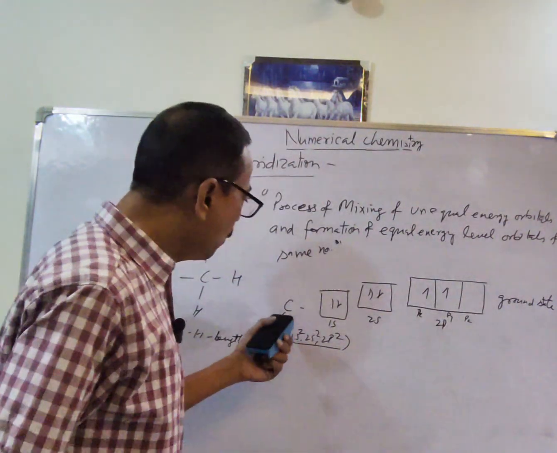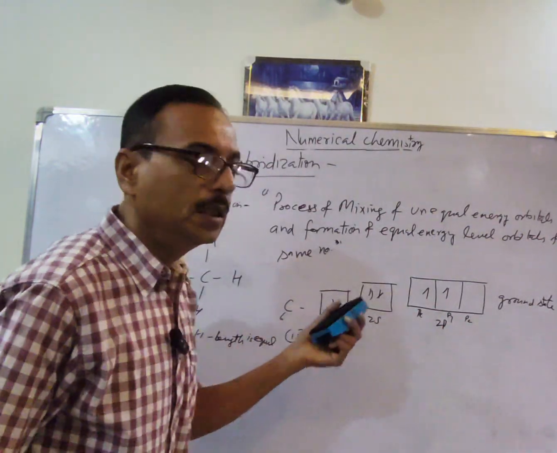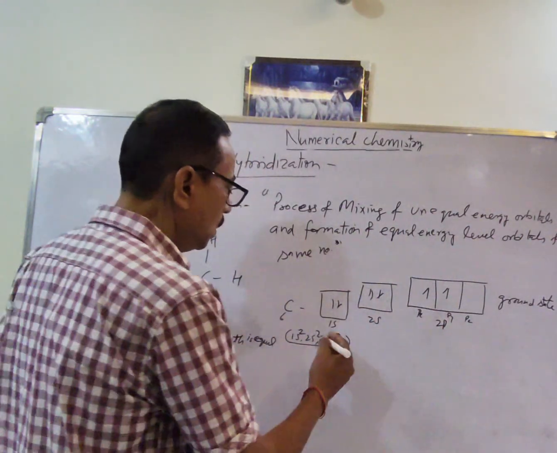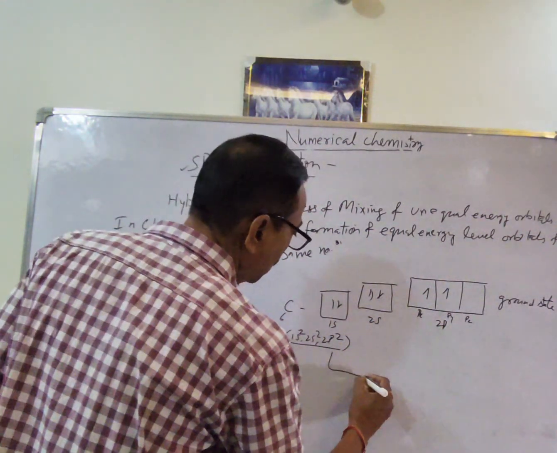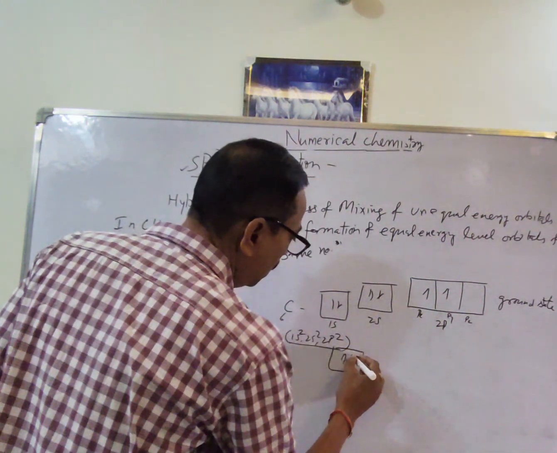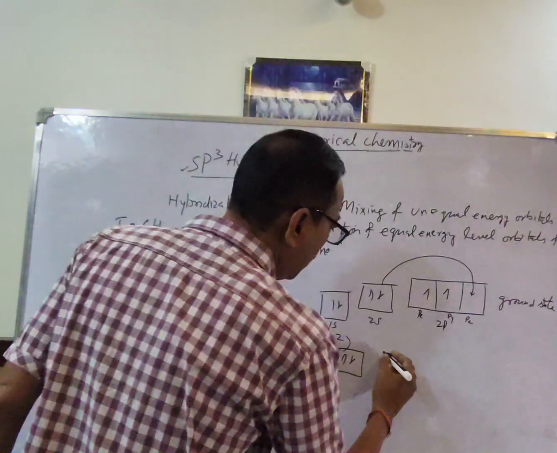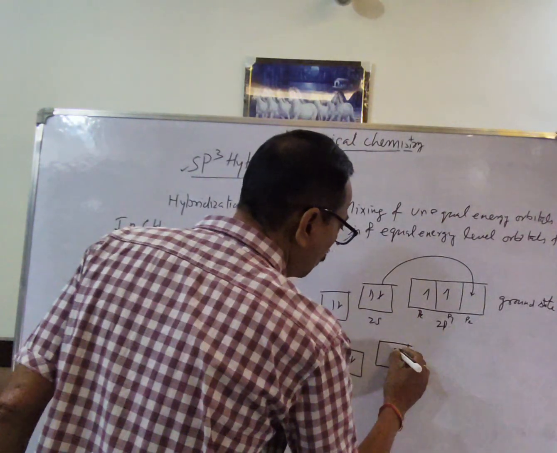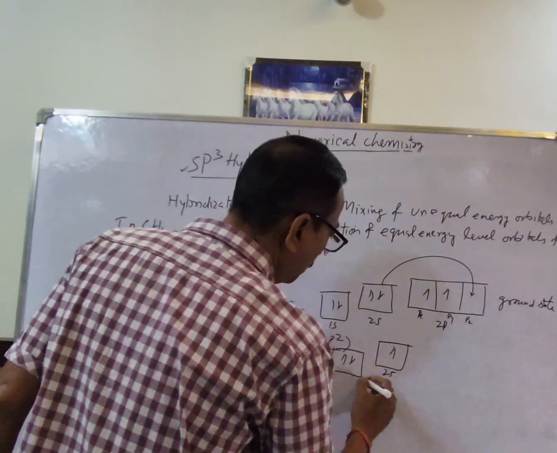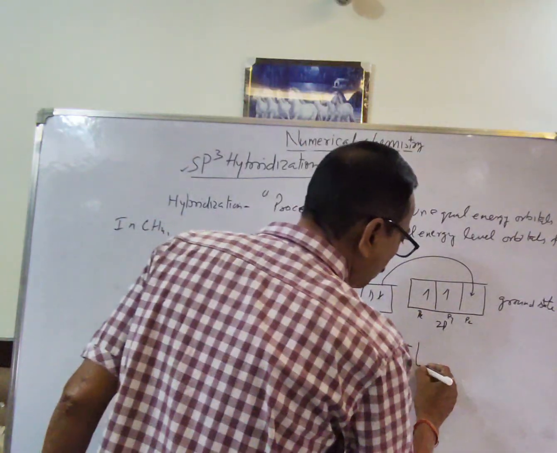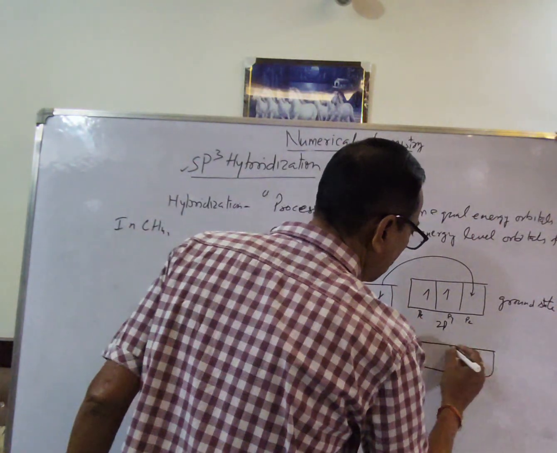So before bond formation there is some other process that is called the excited state. In the excited state, an electron from the nearest energy level moves to a higher energy level so that it shows 4 single electrons.